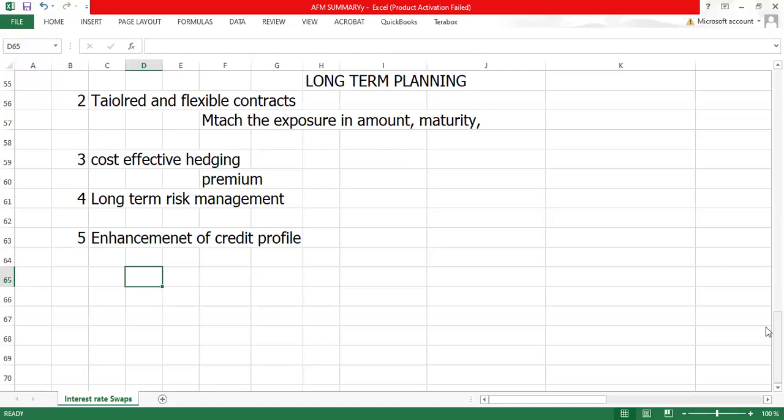So I think other points you may add them, but you can just read through other points.